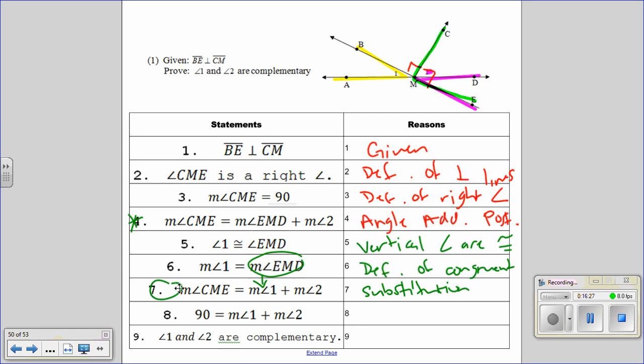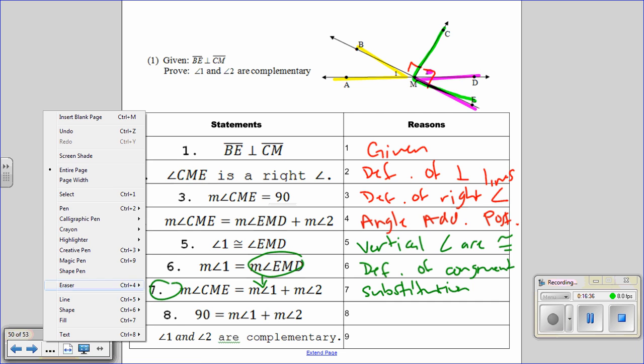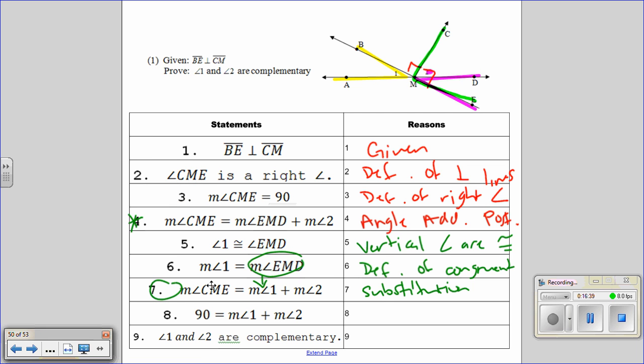Also, if you compare step 7 to step 8, the only difference is the measure of angle CME disappeared and it's now replaced with 90. So since I replaced CME with 90, again, that is substitution. And then it says in step 9 that angle 1 and angle 2 are complementary. Well, it's because the measures equal 90, and that's the definition of complementary angles. So a lot of good stuff in that one problem.